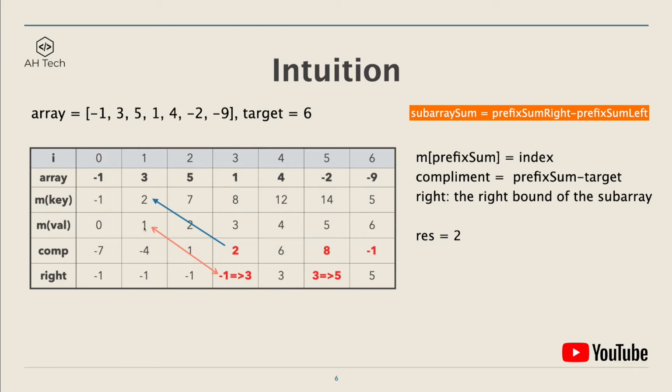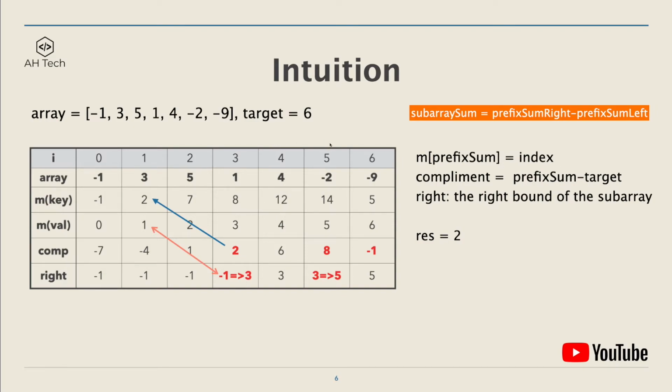So here we will increment the result variable by 1. And then at index 3, we have to update the right bound to 3, which means that the right bound of the current subarray we have found is at 3.